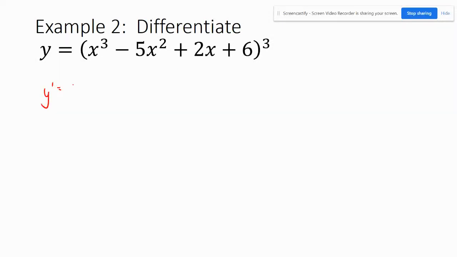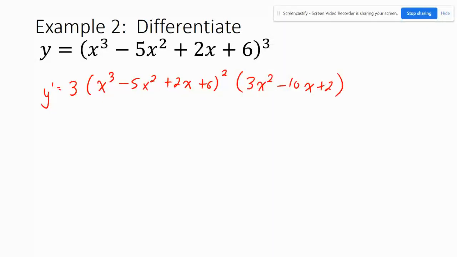That means the 3 comes down. Everything on the inside stays the same. And now we take the derivative of the inside. Done. So this is all we're doing for a question like this. Derivative of the outside.